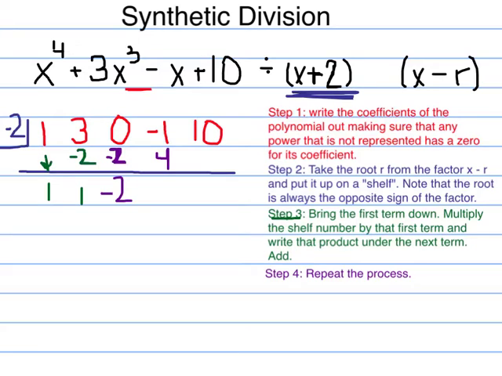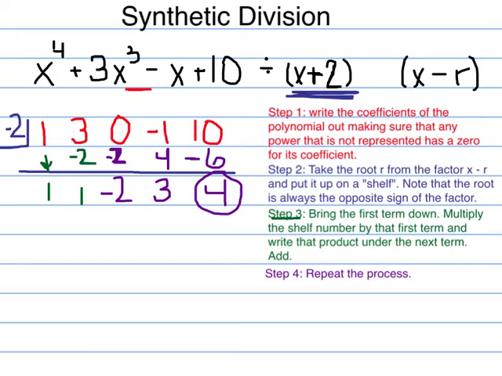Negative 1 plus 4 is 3. Negative 2 times 3 is negative 6. 10 plus negative 6 is 4. That 4 is pretty important to us. That is the remainder of our polynomial.